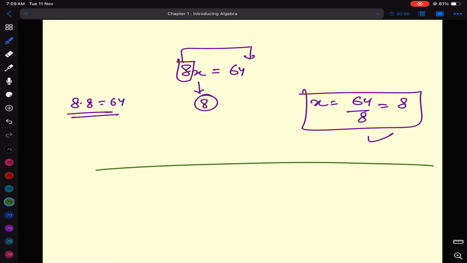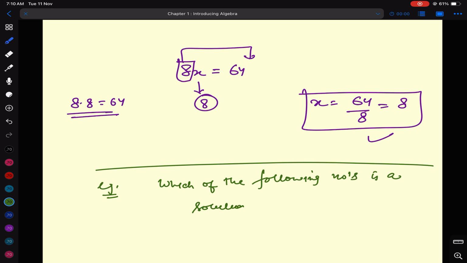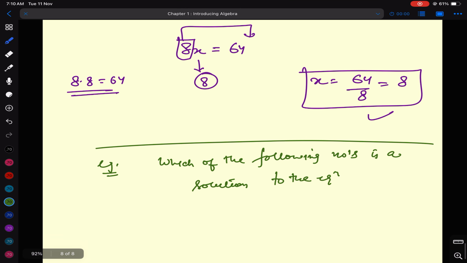The other example that I'm going to take here is, which of the following numbers is the solution of the equation. Now what is the equation here? The equation here is 14 minus x is equal to 7.